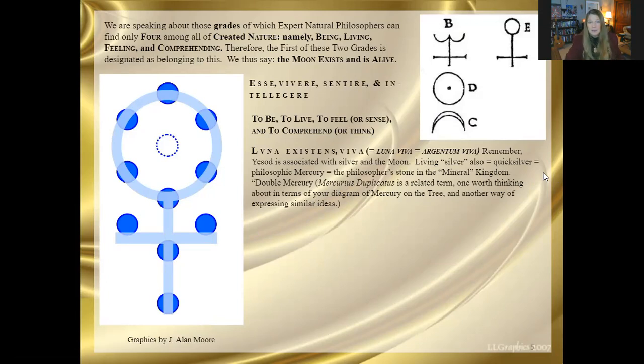And then you can equate that, as a synonym, to Quicksilver. Quicksilver has an easy equation with the philosophic Mercury. You can also do some things with double Mercury, Mercurius duplicatus. That will work even better if you're using Mercury on the Tree of Life.